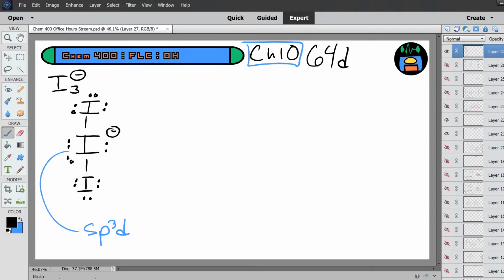It's going to be the exact same picture, just with iodines instead of xenon and fluorines. There it is.